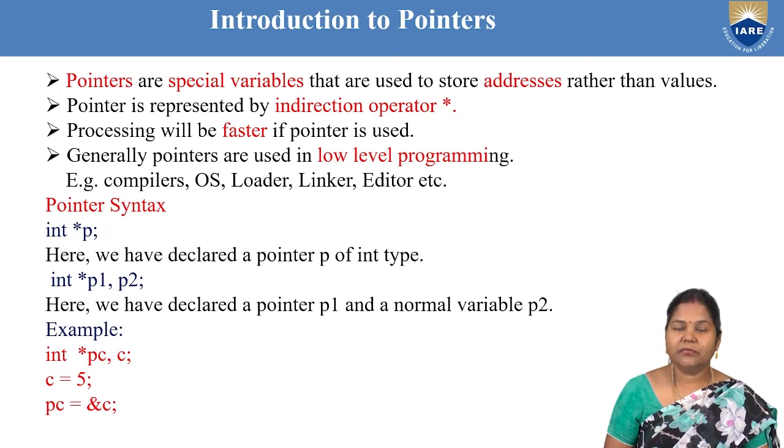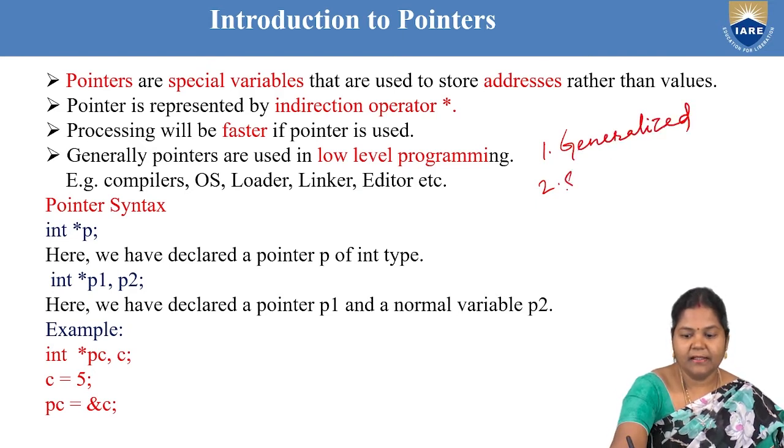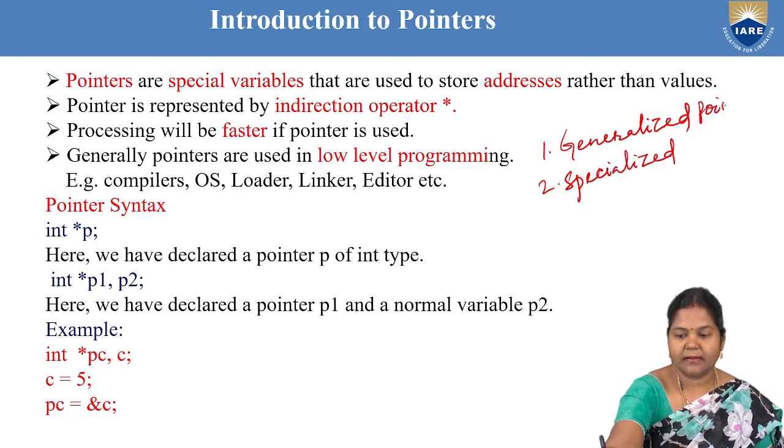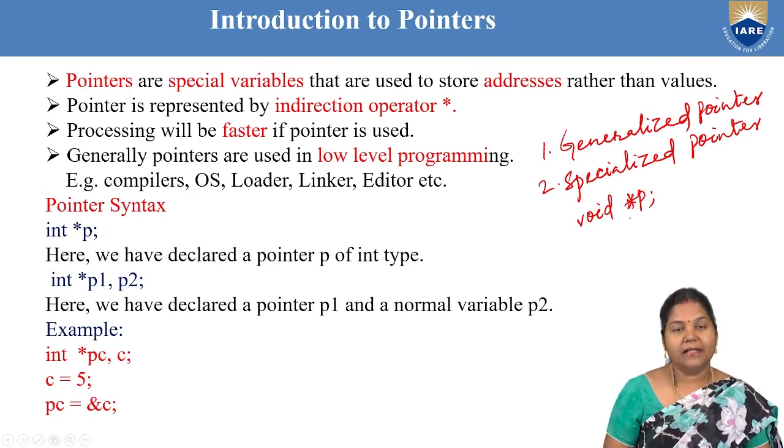Now the pointers are of two types. One is called generalized pointers. One is called specialized pointers. Now when the pointer has no particular data type, when you declare a pointer as of type void, this is called a generic pointer or generalized pointer.